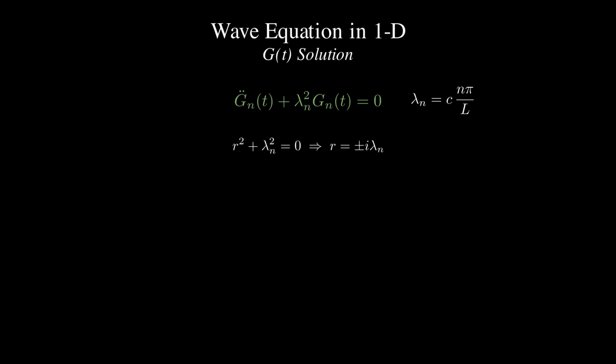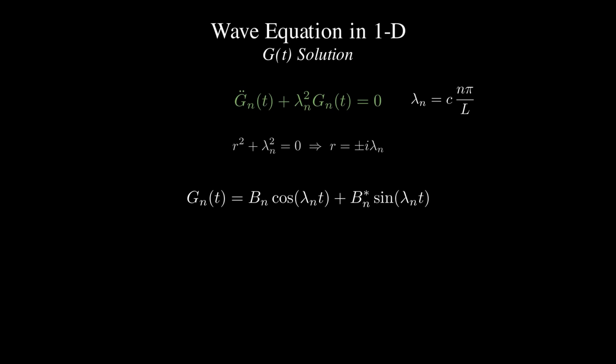I'm going to get a case 3, imaginary terms, and I write this as Bn times cosine of lambda n times t, plus Bn star times sine of lambda n times t. This is just the notation the book uses to not get confused with other ones: we already have a Bn, and Bn star will be a second constant.